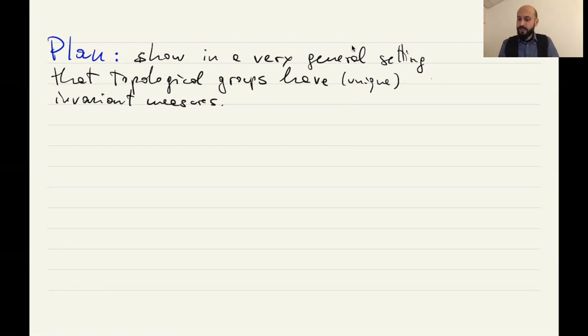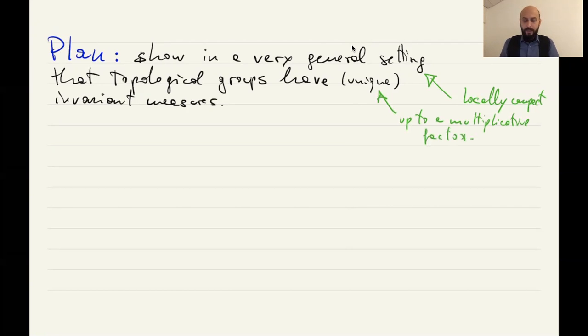The general setting will not be all topological groups; there is still some assumption, very weak. Actually, the only thing we need is that, as a topological space, it is locally compact, which is more or less saying it's finite dimensional. Uniqueness is always up to the multiplication by a scalar, up to a multiplicative factor.